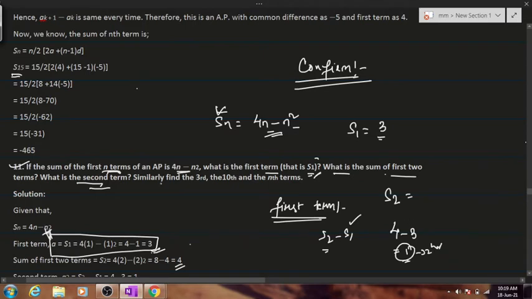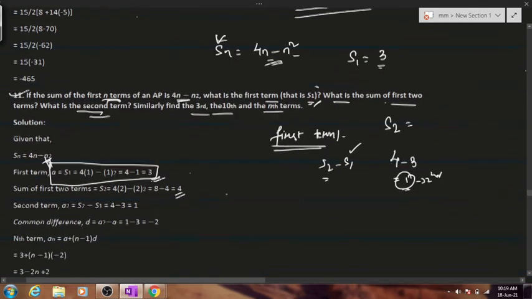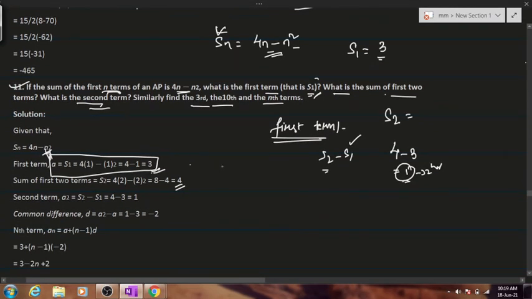Clear? Similarly, find the third term, the 10th term, and the nth term. So we simply get here a is equal to 3 and a2 as 4. So we'll get d as 1. Clear? And once we get d is 1, it's simple now.